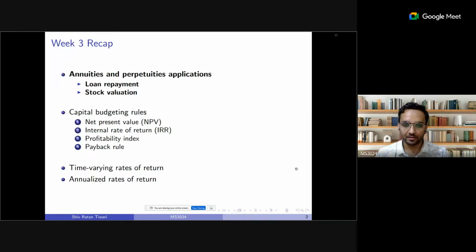At the end of the lectures, the earlier assumption was that the interest rate is fixed over time and not changing. So the time variation in the interest rate was offered, and then the concept of annualized rates was discussed. We will take some examples and try to recap all these concepts.